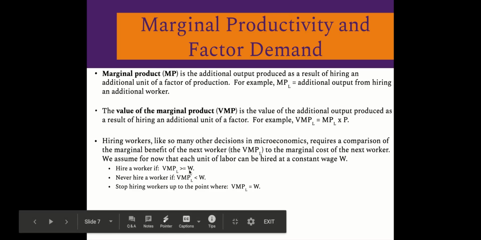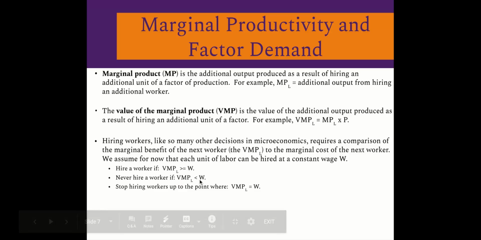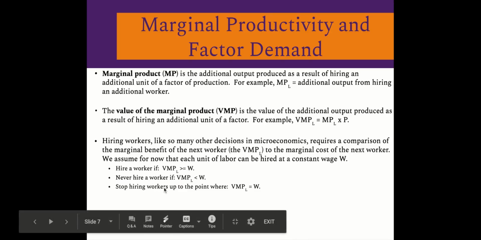If their wage is only $40, I hire the person because 50 is greater than 40. If their wage is $60, then I'm not going to do it. So 50 is less than 60, I'm not going to hire that worker. And I'm going to keep hiring workers until I get 50 equals 50.